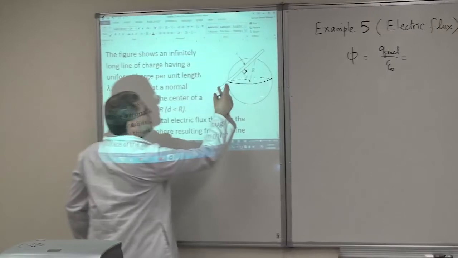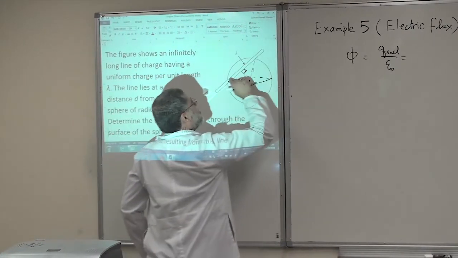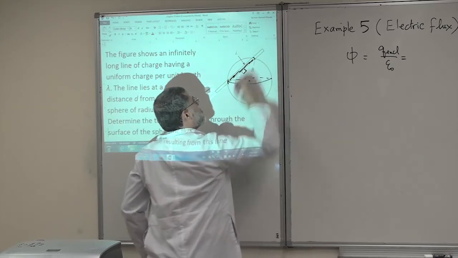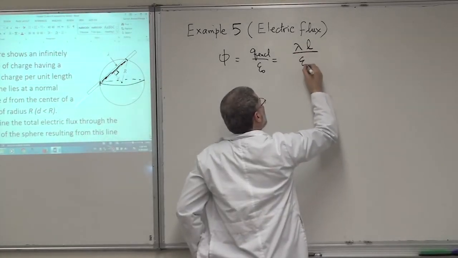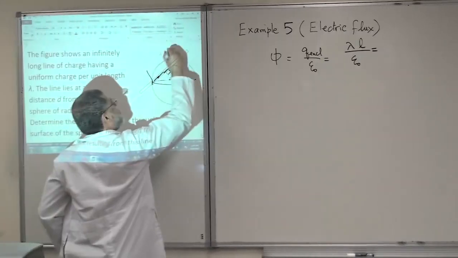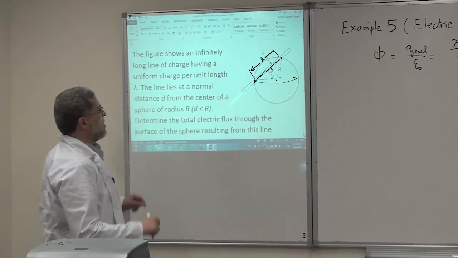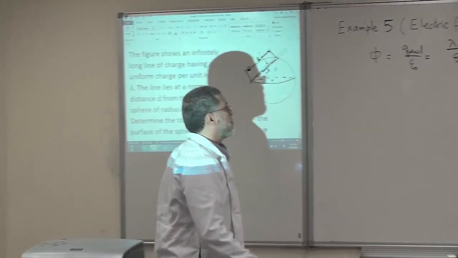So this charge going to this side is outside. I'm going to take only this part, so I'm going to write lambda L over epsilon 0. What is L? L is the length from here to here, which is the length of the charge inside this Gaussian surface.